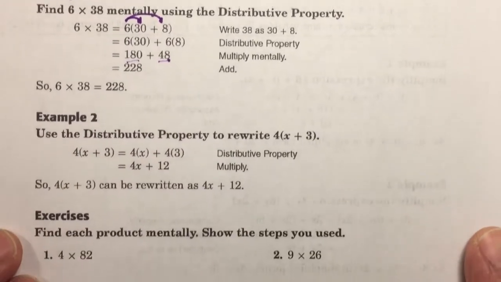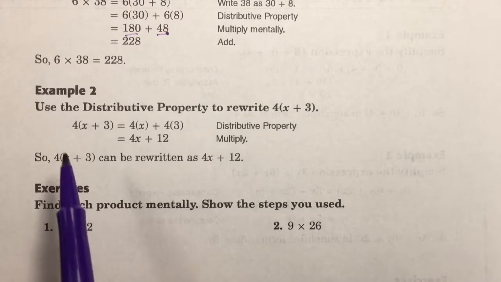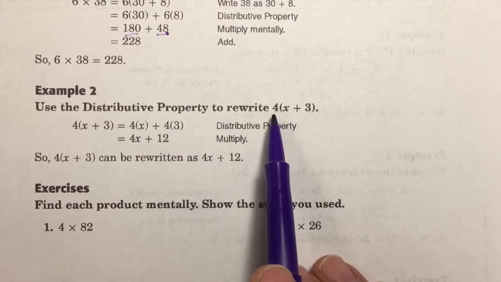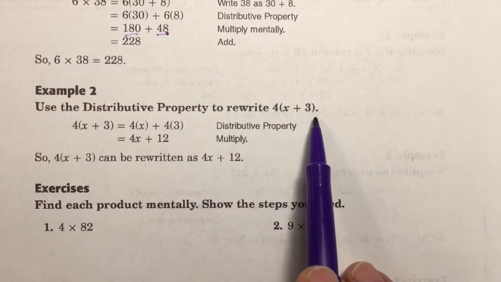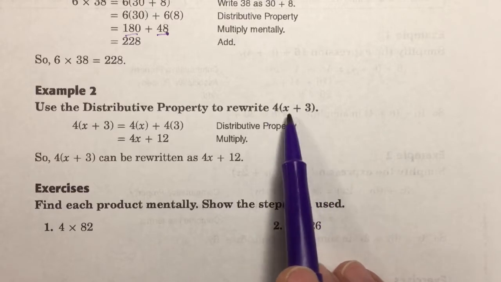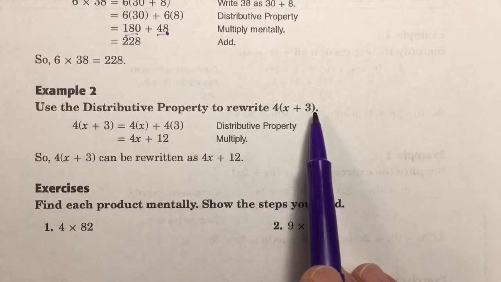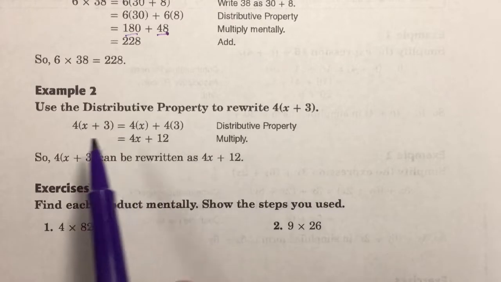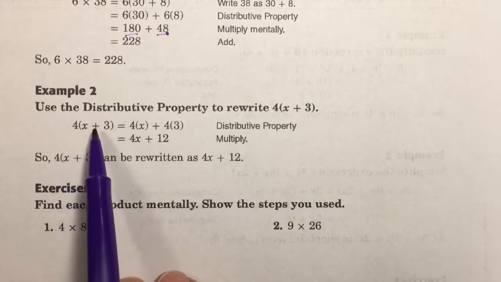Let's see example number 2. Use the distributive property to rewrite 4 times the parentheses x plus 3, meaning the 4 multiplies the parentheses, the addition of x plus the number 3.